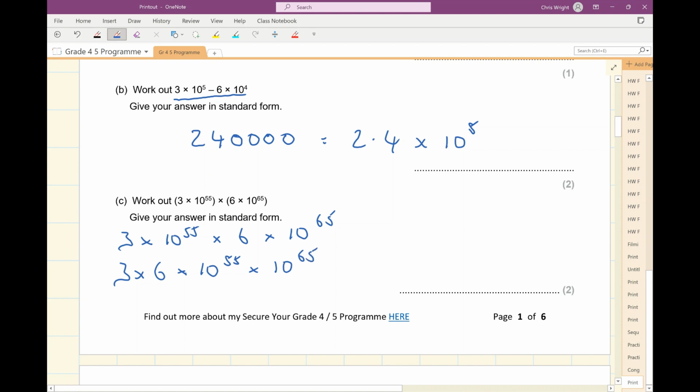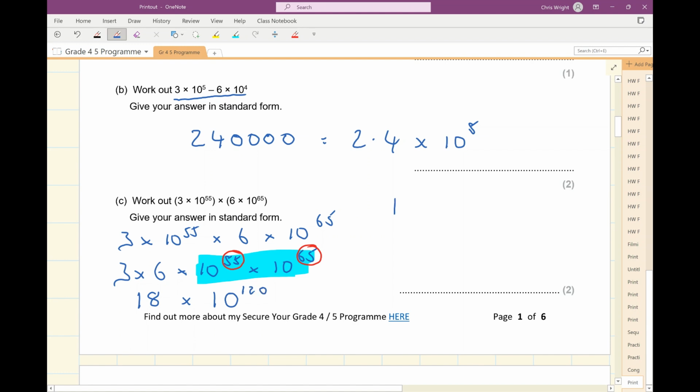Oh, now wait a minute. 3 times 6 is 18 times... And remember, if I'm doing something to the power of 55 times the same thing to the power of 65, what do I do? I add those powers. So I'm going to have 18 times 10 to the power of 65 plus 55, 10 to the power of 120.